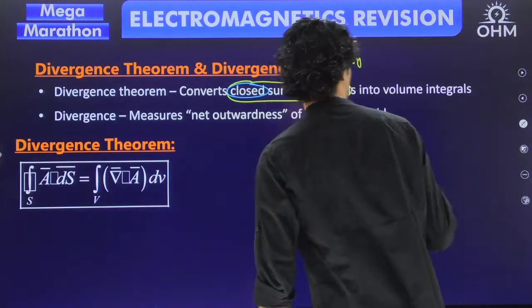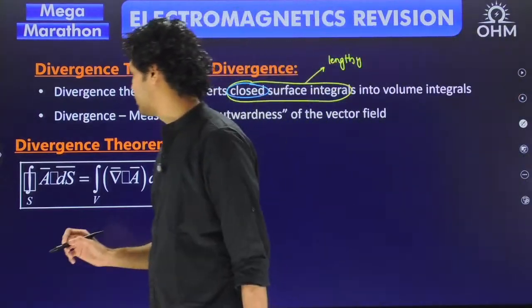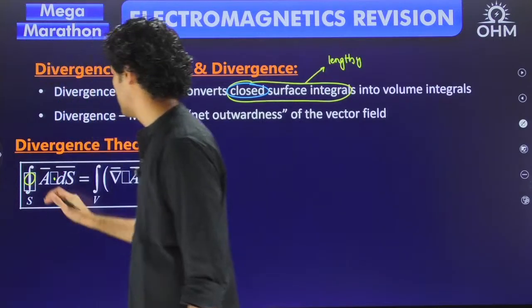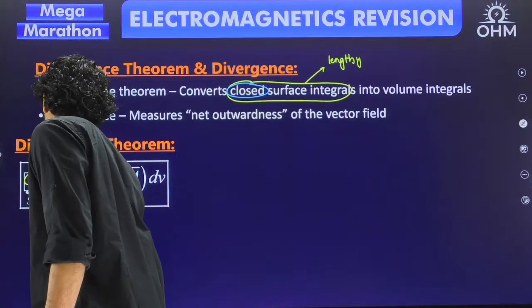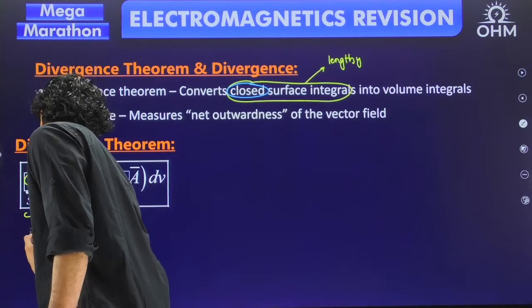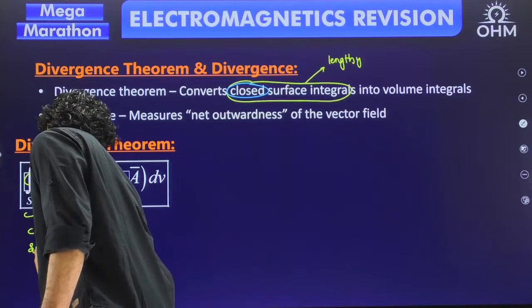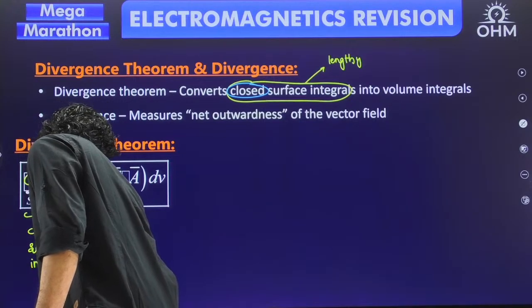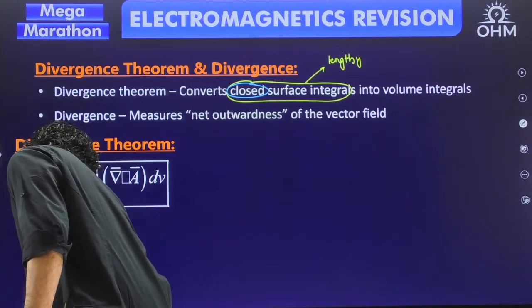Divergence theorem says that the closed surface integration of A bar, which is given by A bar dot dS bar, is nothing but the so-called closed surface integral of A bar.